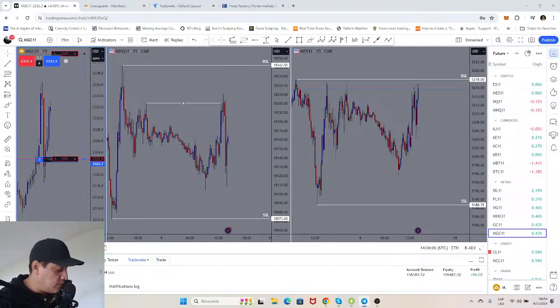And moving stop losses to break even. Boom.